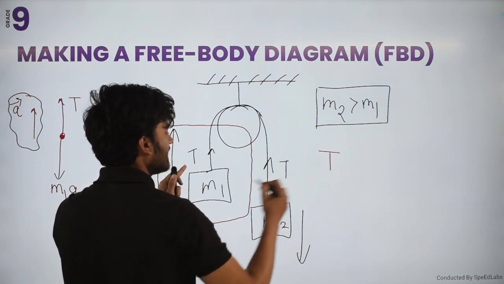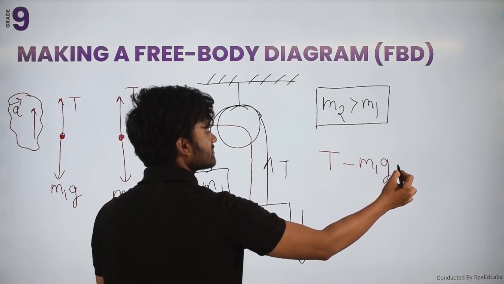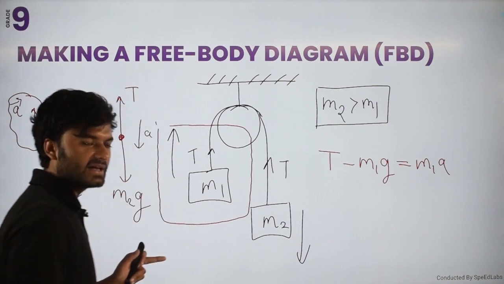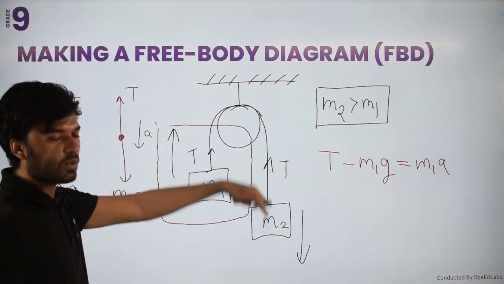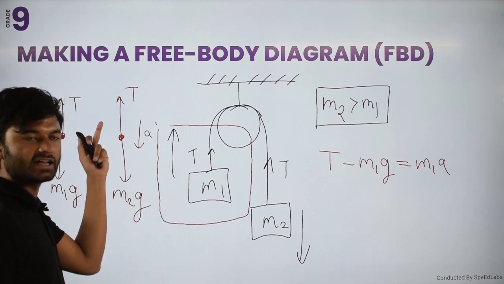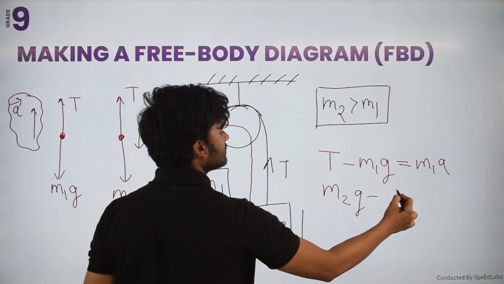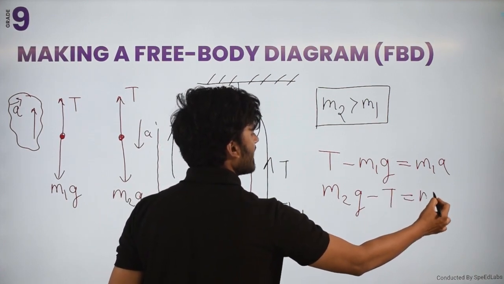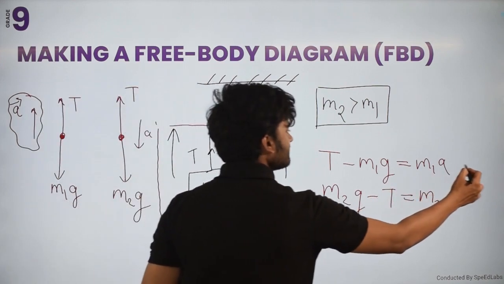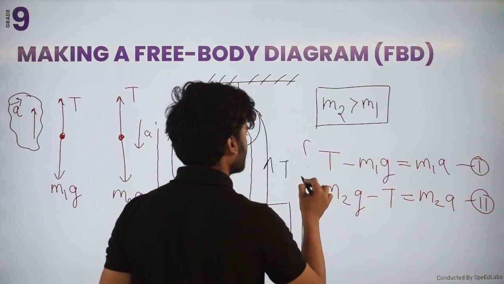So I will write tension minus m1g, this is net force, and that is equal to m1a. Similarly, the m2 block is going downwards, so the effective force m2g is greater than tension. So I will write m2g minus T is equal to m2a. And by solving these two equations, we can get the value of whatever the question is asking.